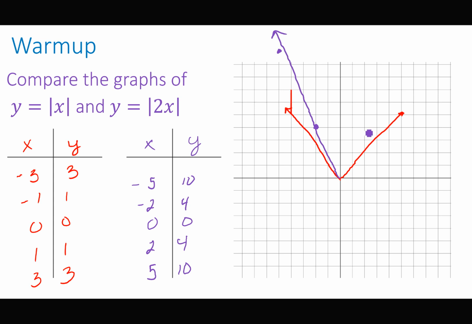It's going to do the same thing on this side. It's going to look like that. So that 2 actually made it a little narrower. Or you can think of that 2 as making it shoot up faster. Okay, so that's how I think of it, because when we were at 2 on our red graph, we only went up to right here.